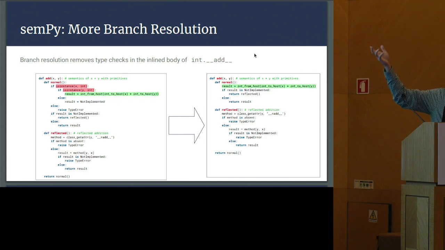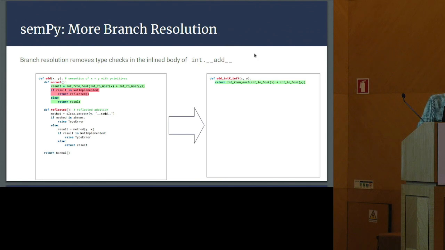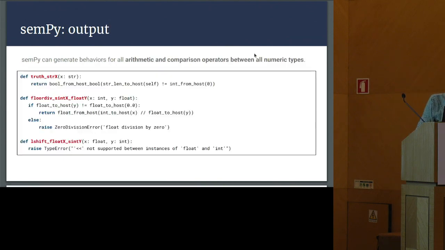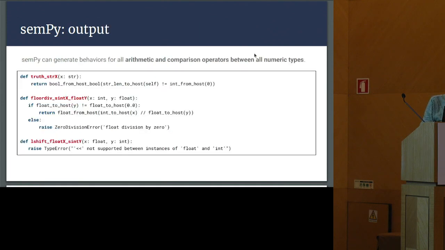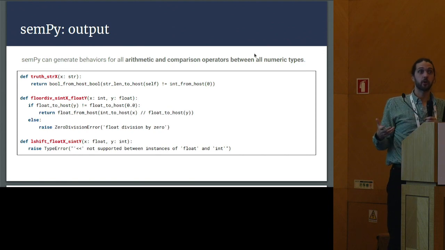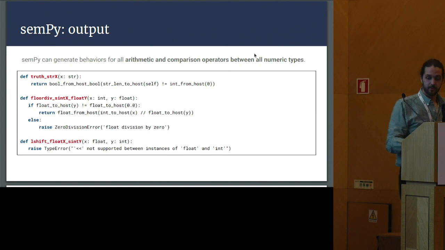And we know that this is not implemented, so we can remove the final branch right here on the left. We can remove the branch result is not implemented, and we get to this behavior. And we've just used those 3 transformations, and the neat thing is it works for all arithmetic, comparison operators, and so on, with only those 3 transformations for all numeric types.